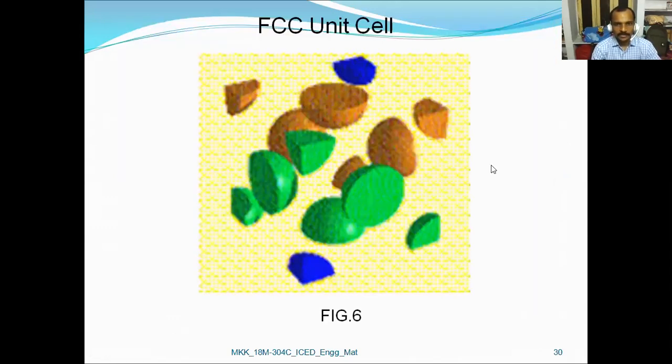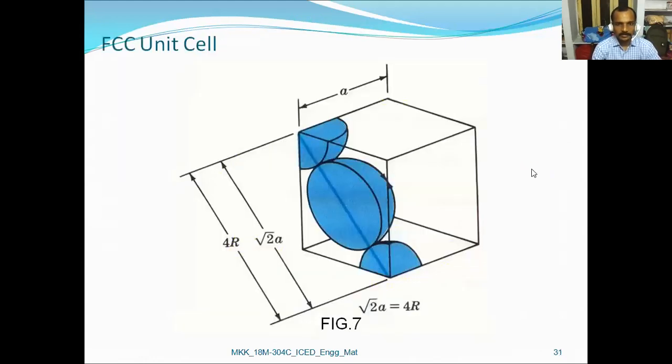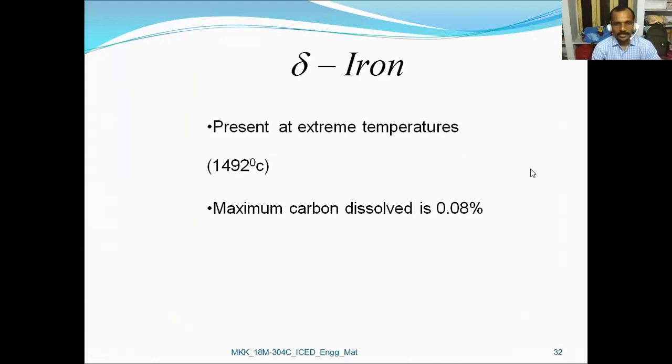This is one other diagram, the unit cell diagram. For delta iron, at 1492 degrees centigrade, the maximum carbon dissolved is 0.08%. Next we discussed cementite, which is nothing but iron carbide.